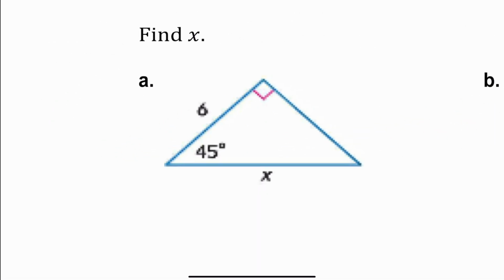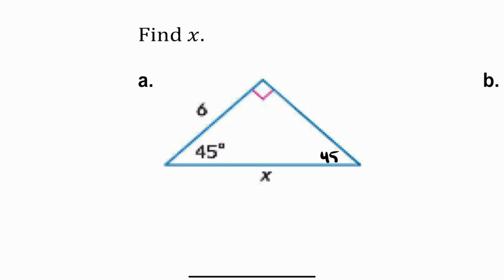We're going to be finding x for a. Notice that we have 45 degrees over here, and we have this 90 degrees over there. So what does this imply? That means that if I add up all these angles, they should equal 180 degrees. So this is a 45, 90, and this should be 45.